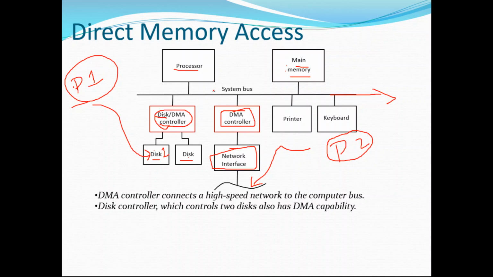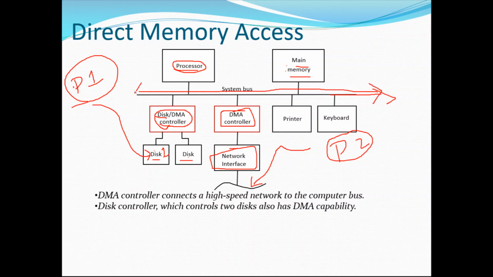But we have only one system bus. We may have many DMA controllers, that is different. But all this communication, that is data transfer between IO device and memory, or between external computers and memory, is carried out through the system bus.